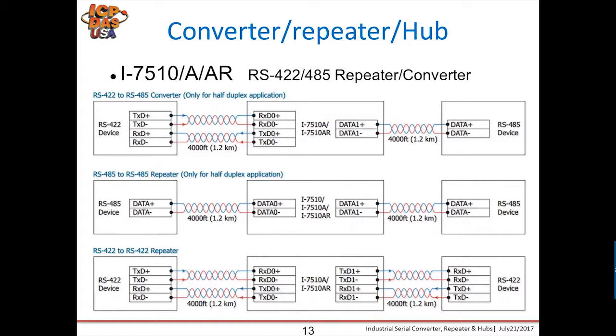Additionally, an RS-485 system can be expanded beyond the 256 node limitation set by the standard. It can also be used to convert a 4-wire RS-422 signal into a 2-wire RS-485 signal.